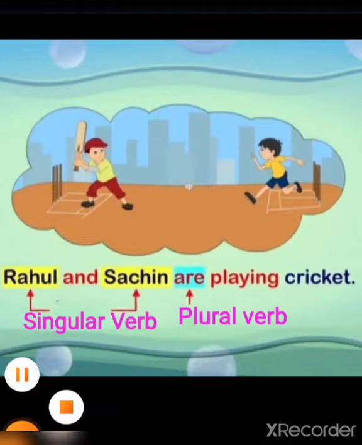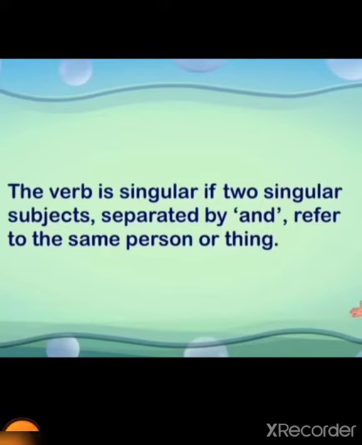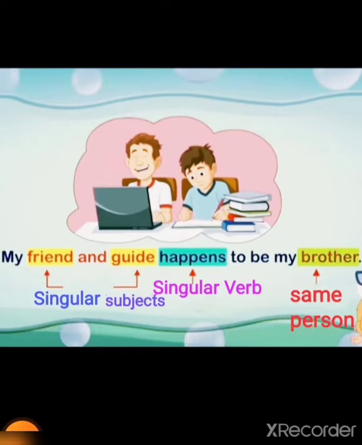Now come to the next rule. The verb is singular if two singular subjects separated by and refer to the same person or thing. For example, my friend and guide happens to be my brother.